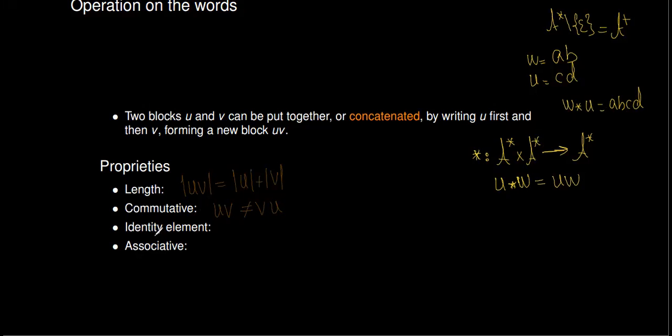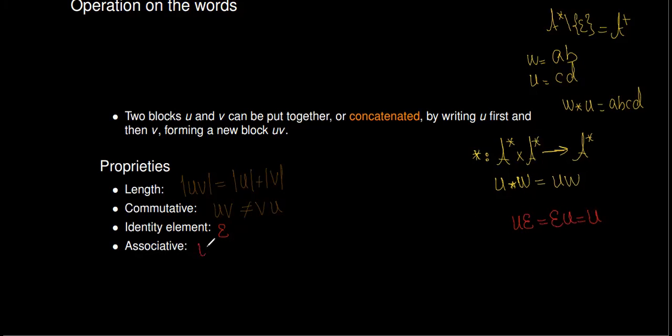So it has an identity element. The identity element is this, so U with this is equal to U. Also, it has the associative property.